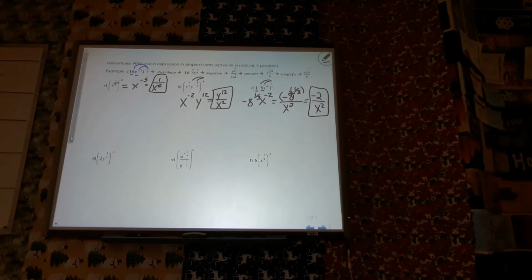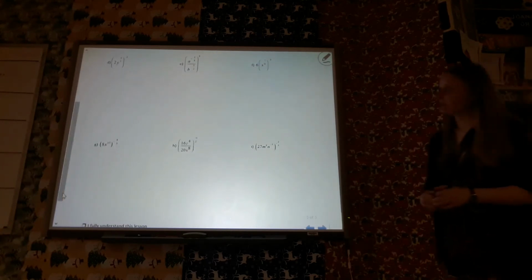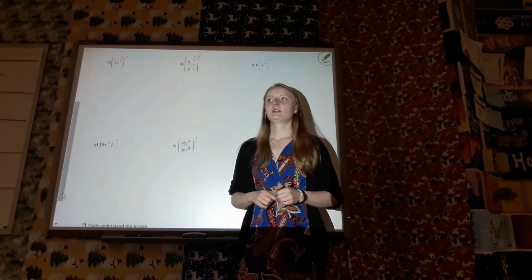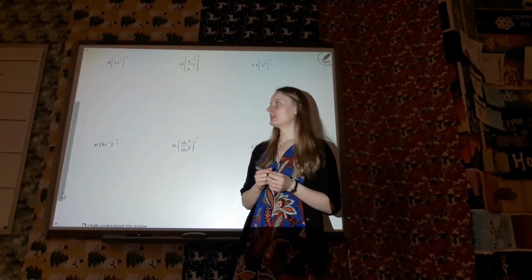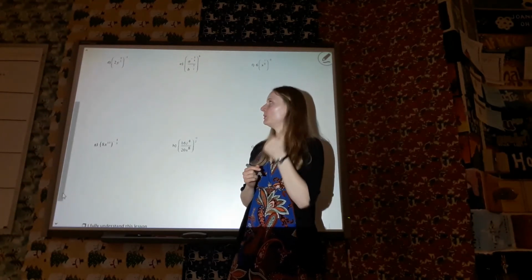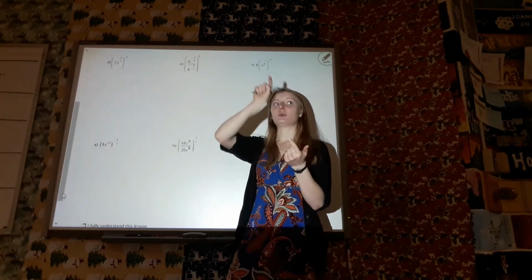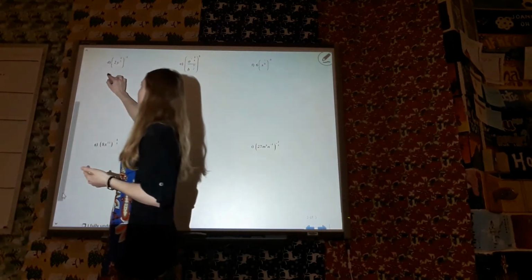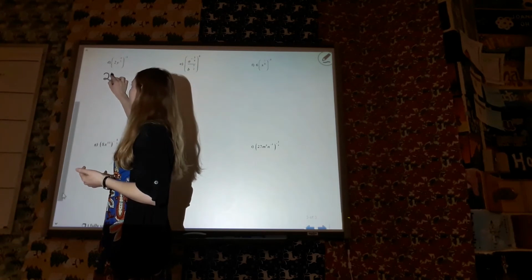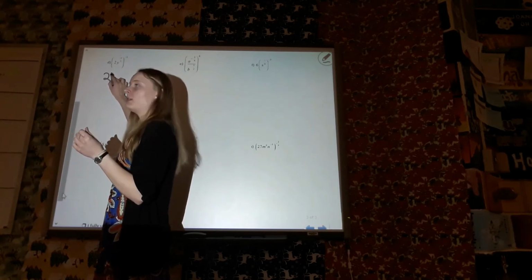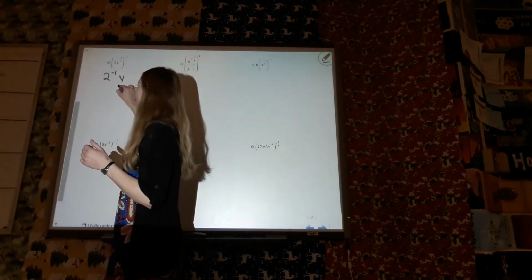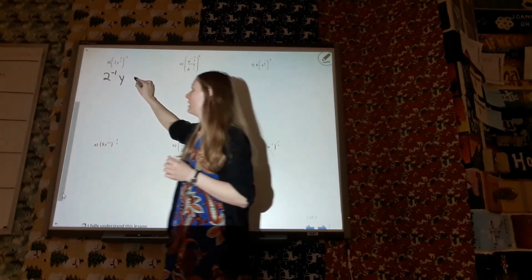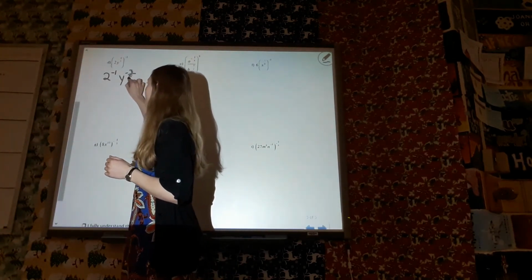Alright, moving right along. Next one, what do I do first? Distribute. Okay, how many components do I have inside of the parentheses? 2. I have the 2 and the y, so I'm going to distribute twice. So 2, what's the power of the 2? 1 when I multiply it times -1. Okay, and then I have y when I distribute the -1 times -3/5.